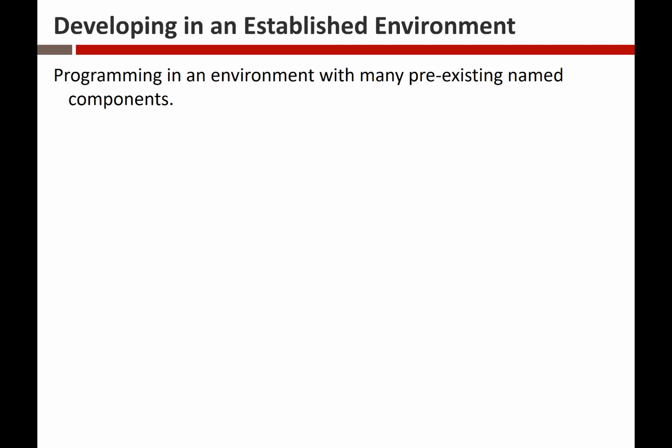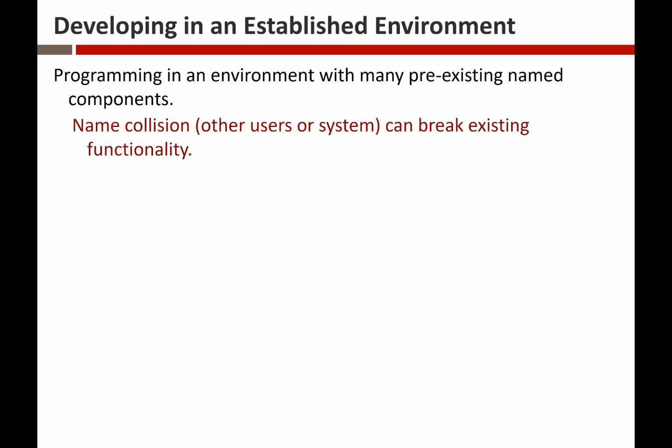What we don't want to have happen is we don't want to have somebody write a program that deletes everything in that database table. That could be really, really, really bad. So we have to be very careful to realize as we create our program, we can't inadvertently collide with anything else that might be in the system.